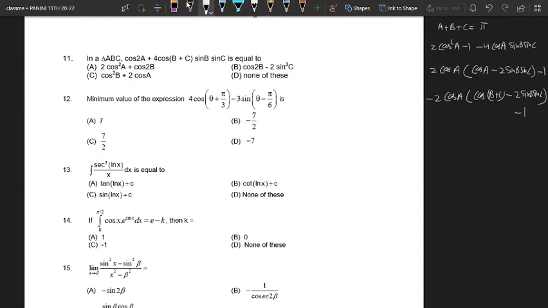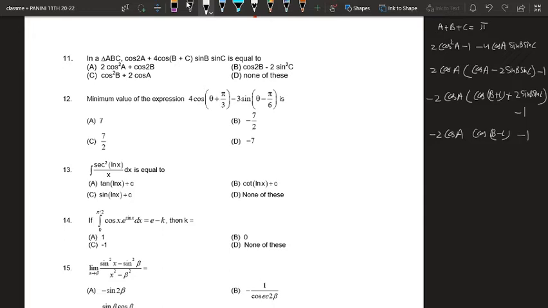Okay, now cos b plus c is cos b cos c minus sin b sin c, and this sign is minus, we have already taken minus outside, so this is plus. Cos b cos c minus sin b sin c. Okay, this formula gives 2 cos a minus 2 cos a cos b minus c minus 1.